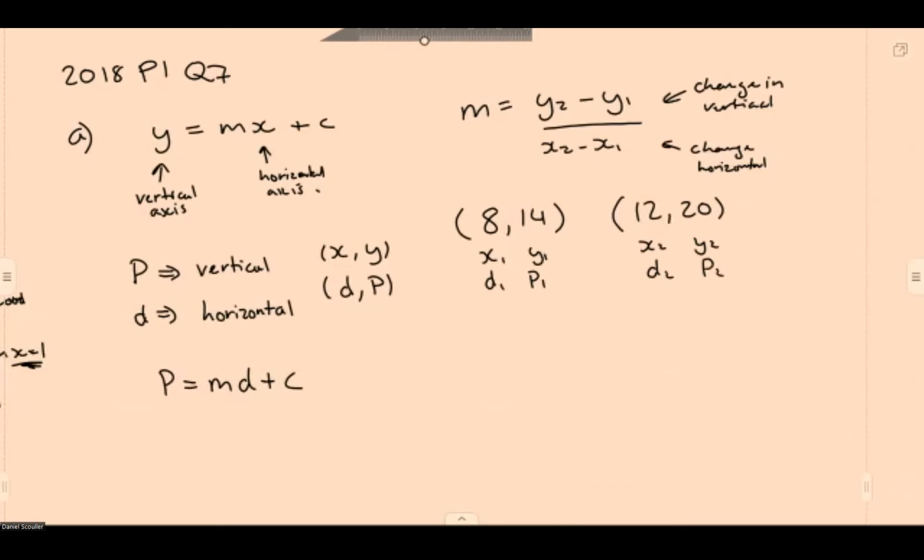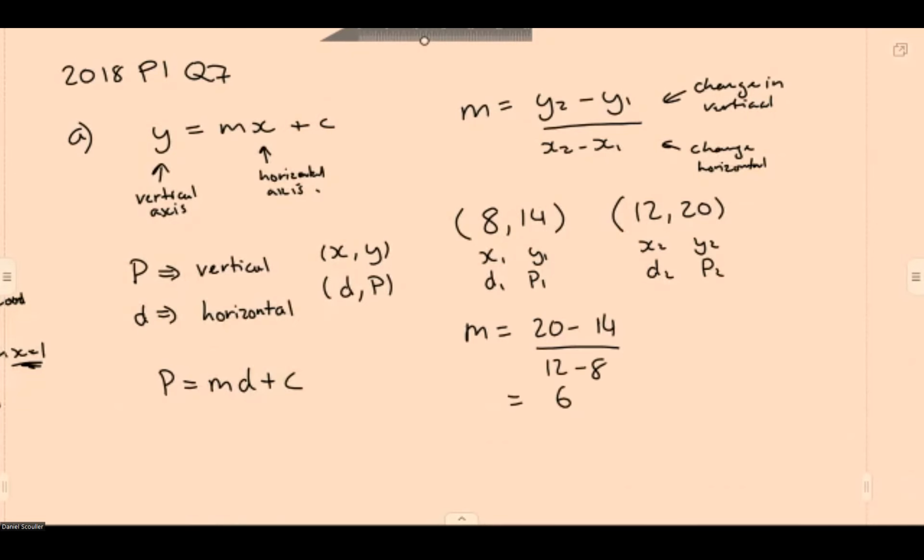You don't have to do this with the D and the P's all the way through. Just keep it in X's and Y's. Makes more sense. So substituting that in, our y2, our second point in the vertical, is 20 minus the first point, 14, and the second point is 12 minus 8.